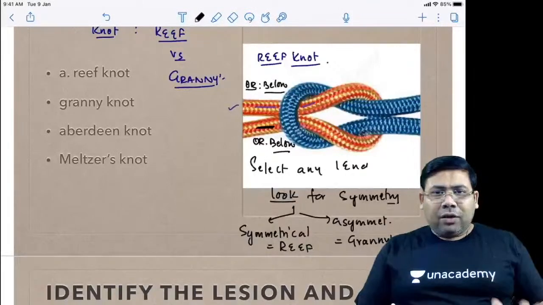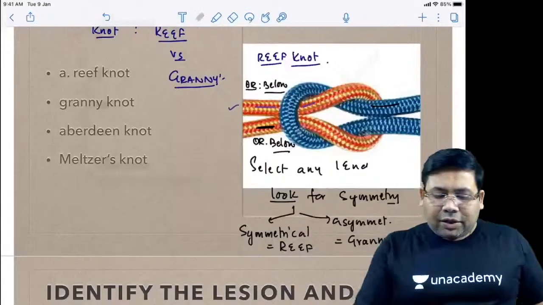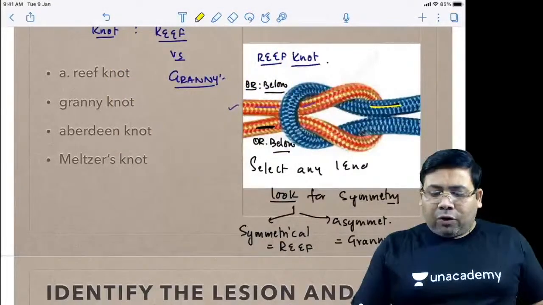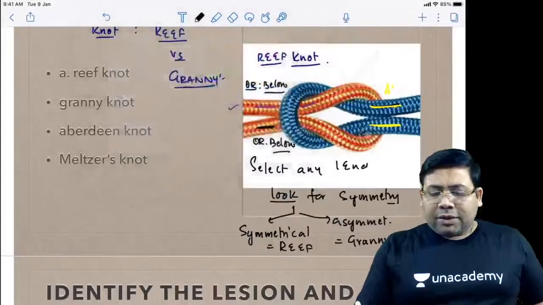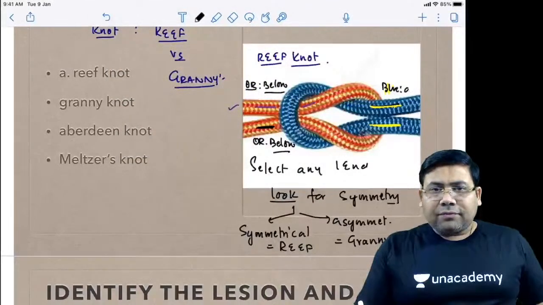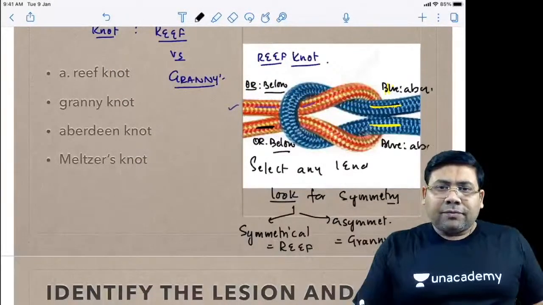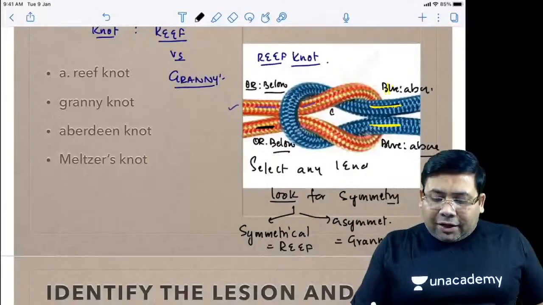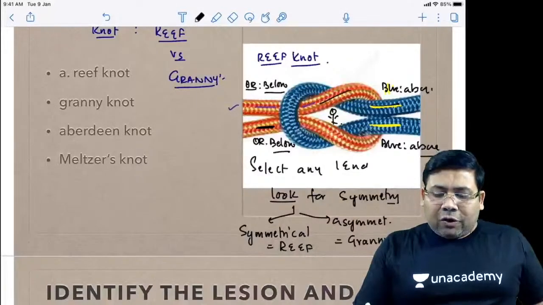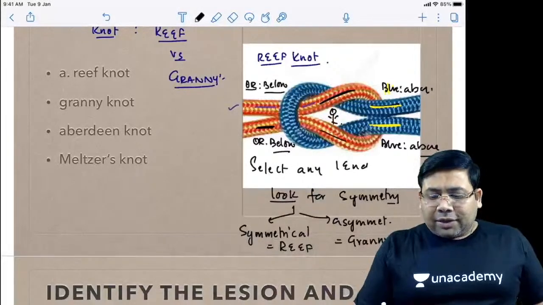Similarly, here blue is above the orange, and here also blue is above the orange. But if you stand here also, you will see orange is above.